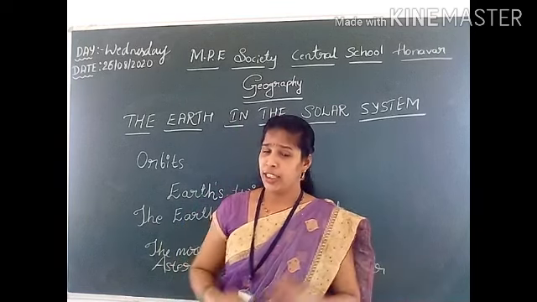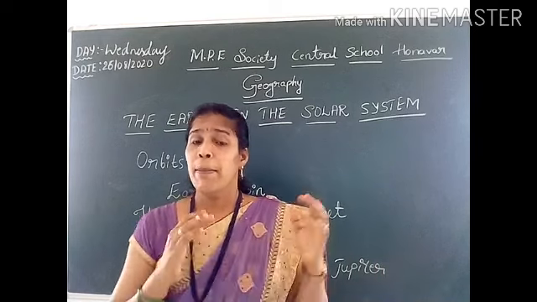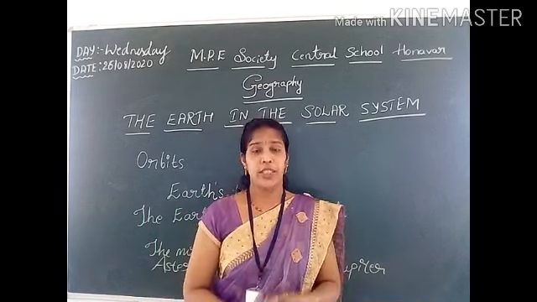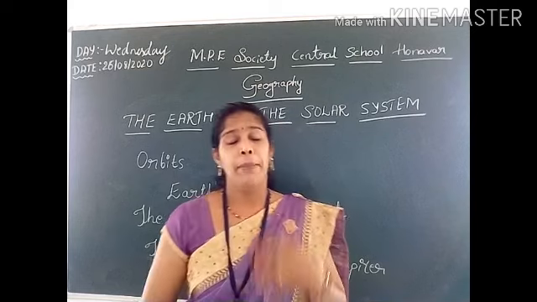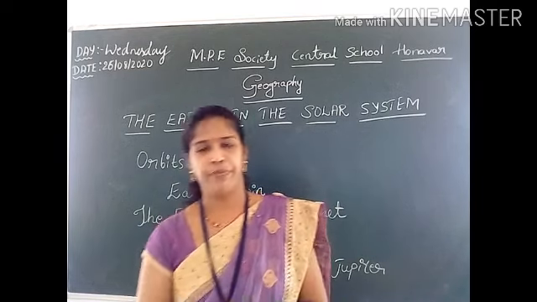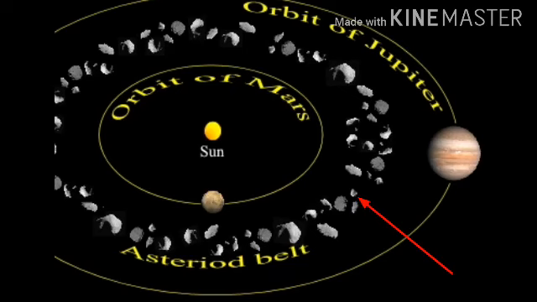According to the scientists, these asteroids are the parts of planets which exploded many years back. Here, the arrow mark shows the asteroids which are found between the orbits of Mars and Jupiter.